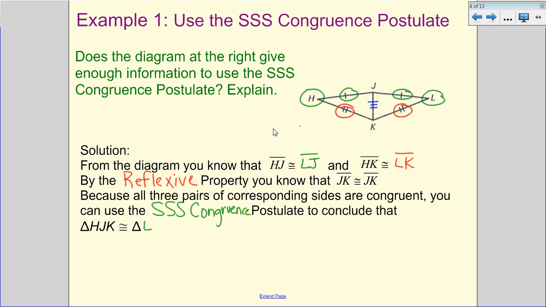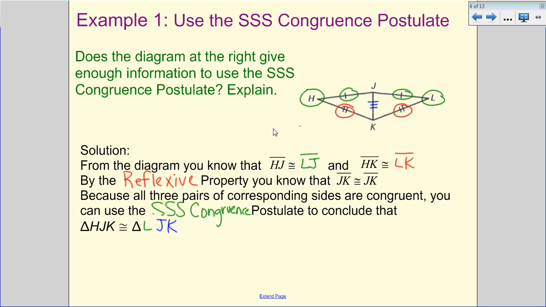J is where the 2 and 1 congruency mark sides come together, so it's going to match up with J. When we go around from that, we went from H to J, so we have to go from L to J. Sorry, guys. And then we went from H to J to K, so we have to go from L to J to K, so we end at K.